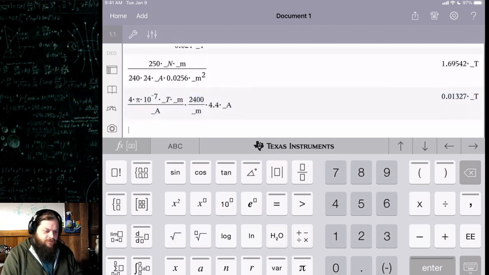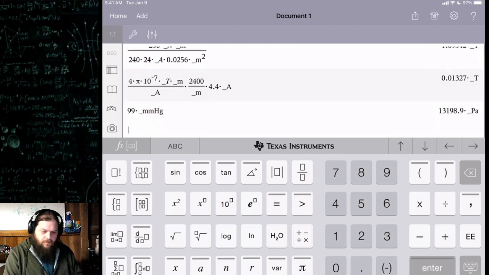Something's wrong. I had the wrong number of pascals. Oh, it's times 10 to the 4. Okay, yeah. So that's how many pascals it should be. 1.32 times 10 to the 4th Pascal.